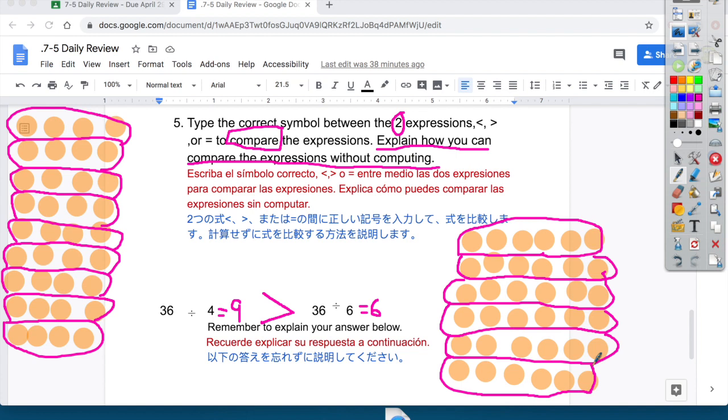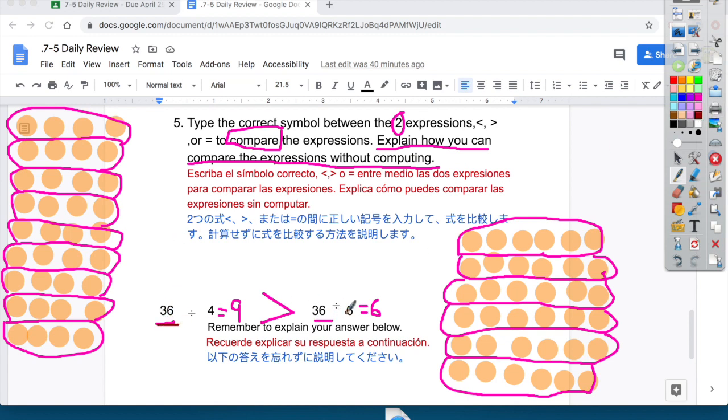Okay, let's look at it here. When you divide the dividend by a divisor that is smaller, your quotient is going to be larger. Over here, your dividend is the same.